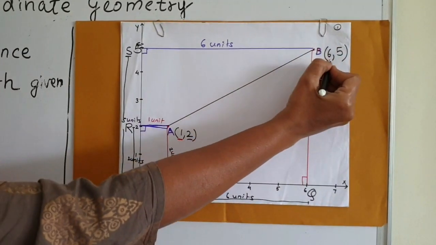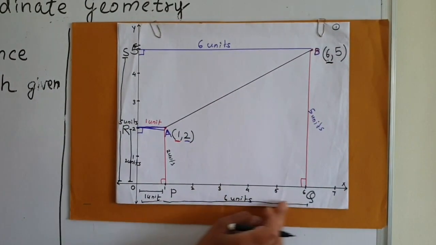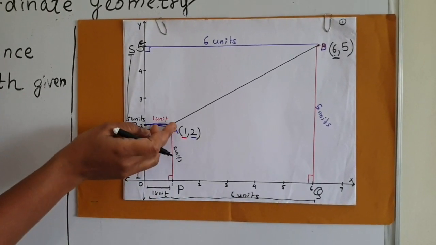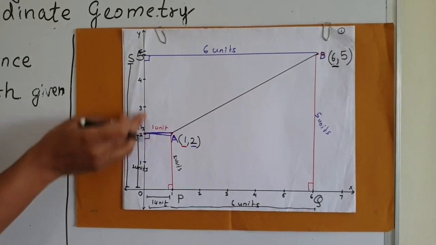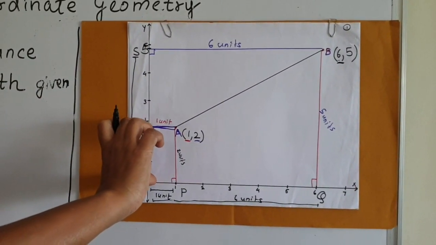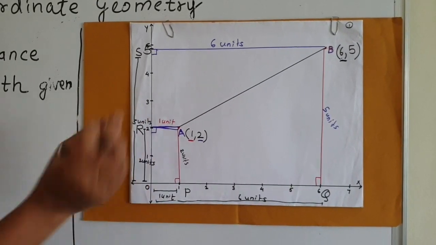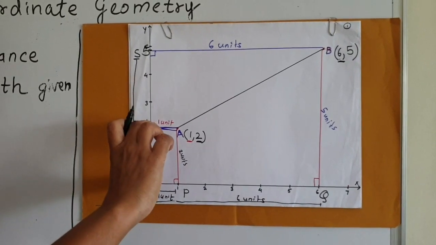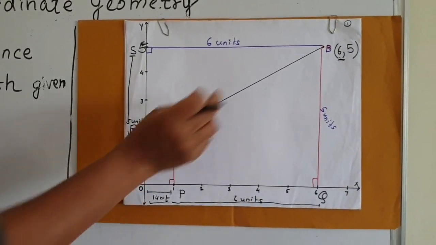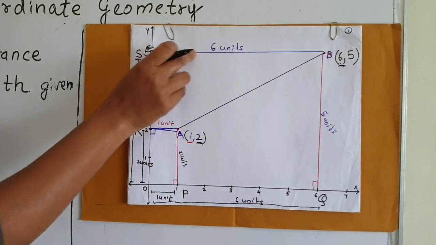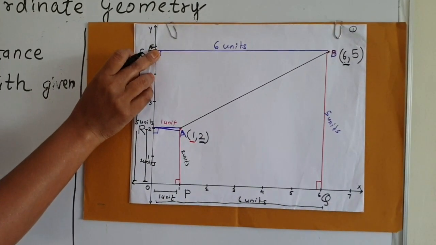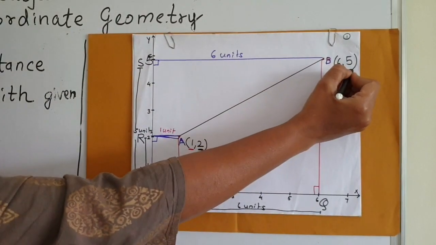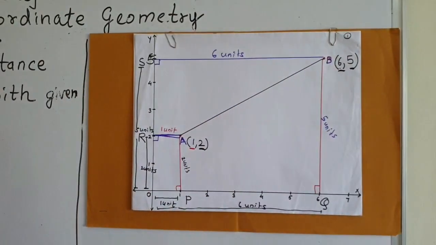That is nothing but x coordinate of point B, 6 units. Same way, when you drop a perpendicular from point A on y-axis, you get this vertical distance OR, which is nothing but y coordinate of point A, 2 units. And when you drop a perpendicular on y-axis from point B, then O to S, this distance is nothing but y coordinate of point B.